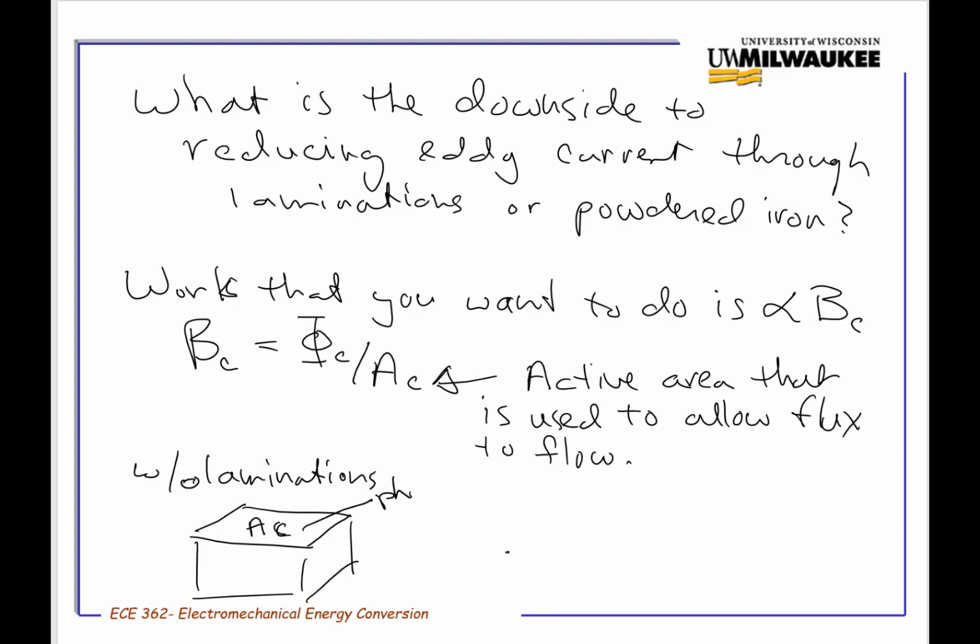That's the physical area, would be the product of, say, this W, and we could call this L. So that would be AC equals W times L. That's the physical area that you've got to work with. And if you had less area, then you're going to saturate the core sooner. And it's all about not putting too much current in and getting more out.